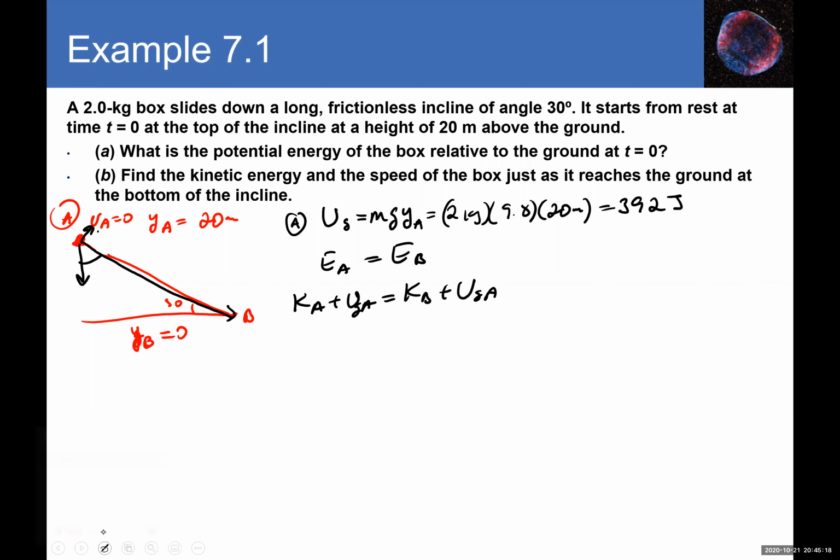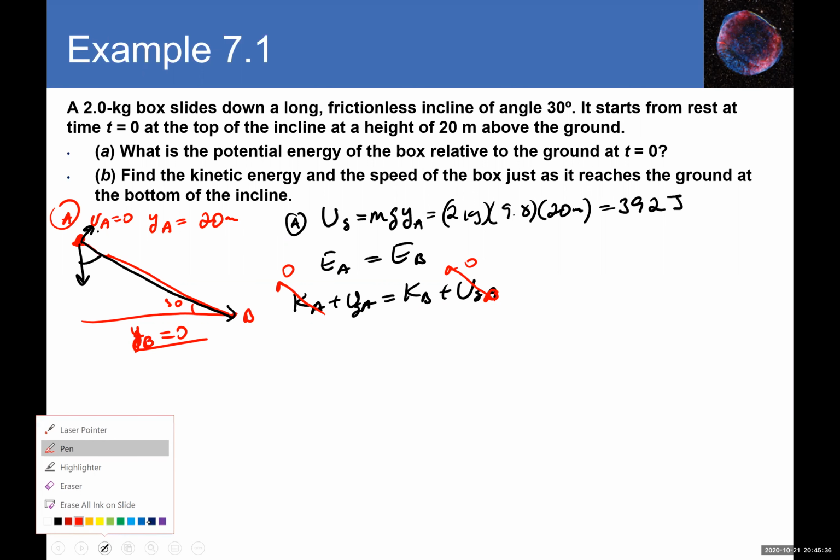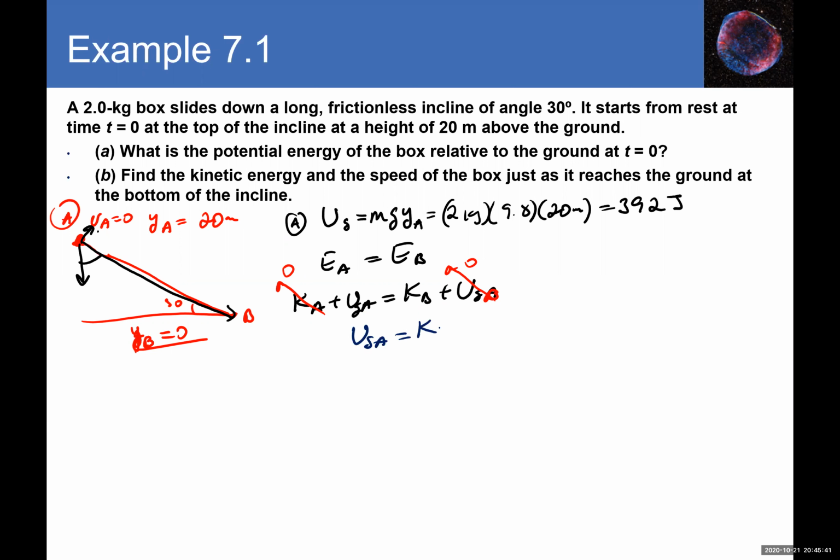Now I can simplify this because I know that the kinetic energy at A is 0, because we start from rest, and the potential energy at B is 0 because we reach a position where the vertical position is 0. That means what I end up with is the gravitational potential energy at point A equals the kinetic energy at point B.